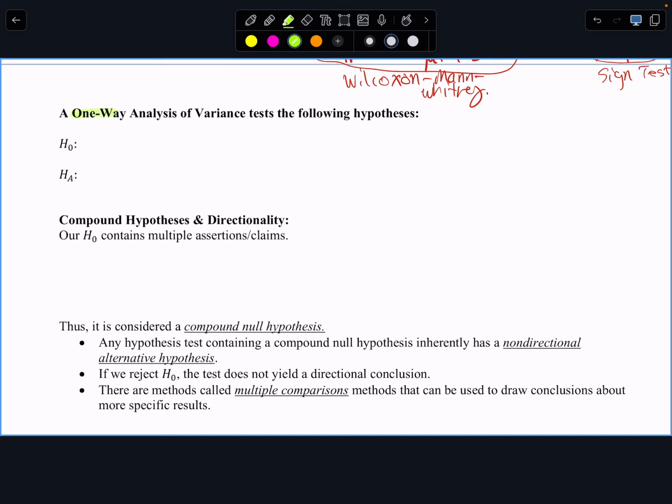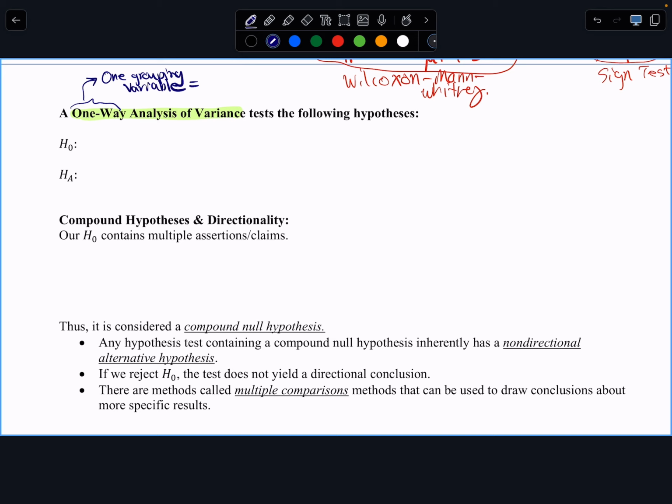The one-way analysis of variance. We call it one-way because we have one grouping variable. There are some studies where you may have 2 grouping variables. We call that a two-way ANOVA, all right?